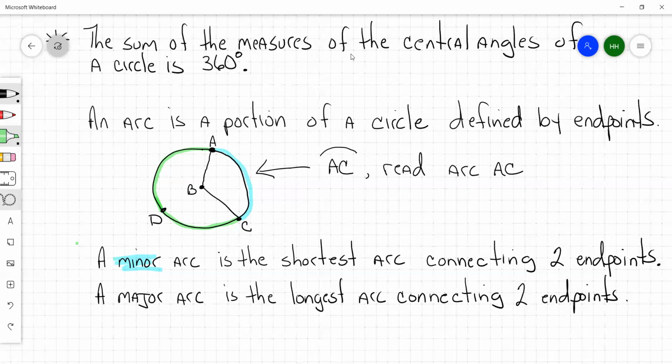Everybody okay with that? Minor arc is the short way. Major arc is when you go the long way.